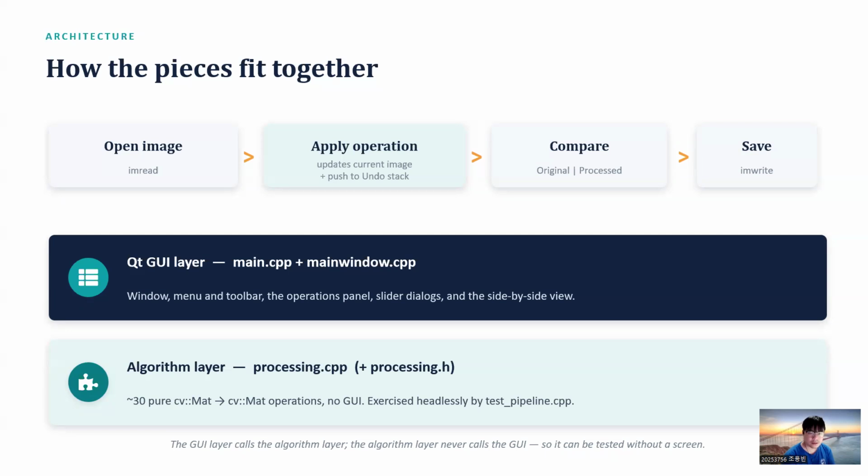The Qt GUI layer, main.cpp and mainwindow.cpp, handles the window, the menu and toolbar, the panel of operation buttons, the slider dialogs, and the display. The algorithm layer, processing.cpp, holds about 30 pure functions with no interface code. The key point is that the arrow only goes one way. The GUI calls the algorithm, never the reverse, which is exactly why I can test the algorithm automatically without a screen.